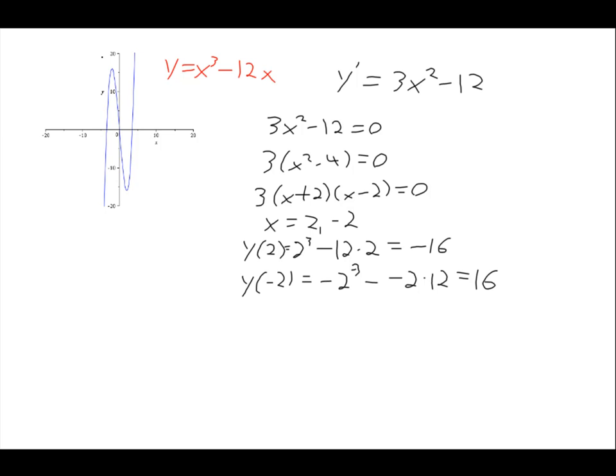So we found 2 points, the point 2, negative 16, and the point negative 2, positive 16. And those are these two extremas on the curve here.